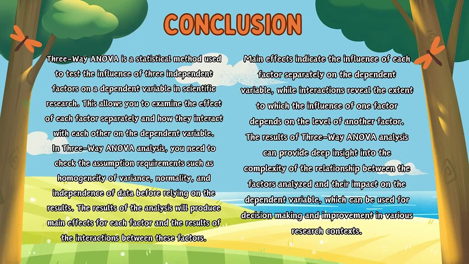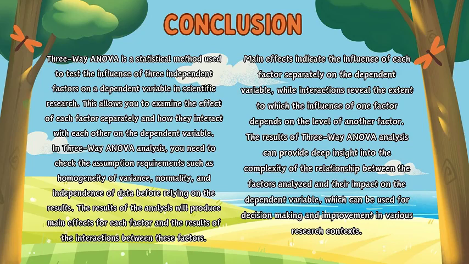The result of the analysis will produce main effect for each factor and the result of the interaction between these factors. Main effect indicates the influence of each factor separately on the dependent variable, while interaction reveals the extent to which the influence of one factor depends on the level of another factor.